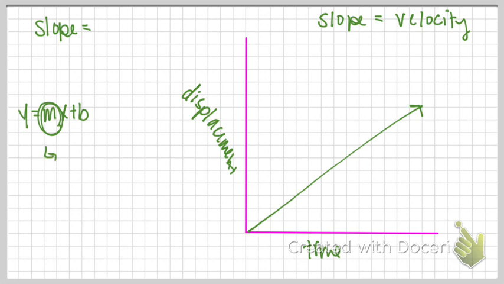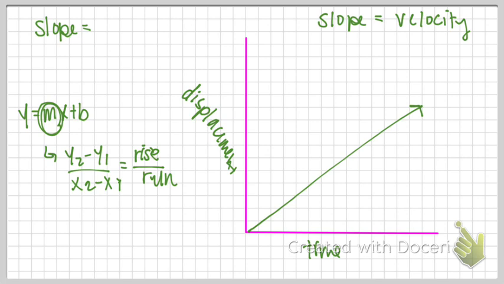Yes, good. y2 minus y1 over x2 minus x1. Another way to say it is rise over run. Have you heard that term before? To calculate slope, we do rise over run. Do we feel comfortable calculating that? The change in y over the change in x.